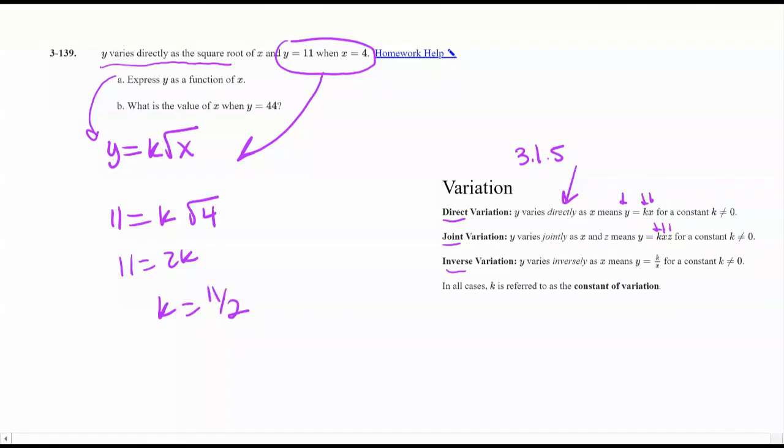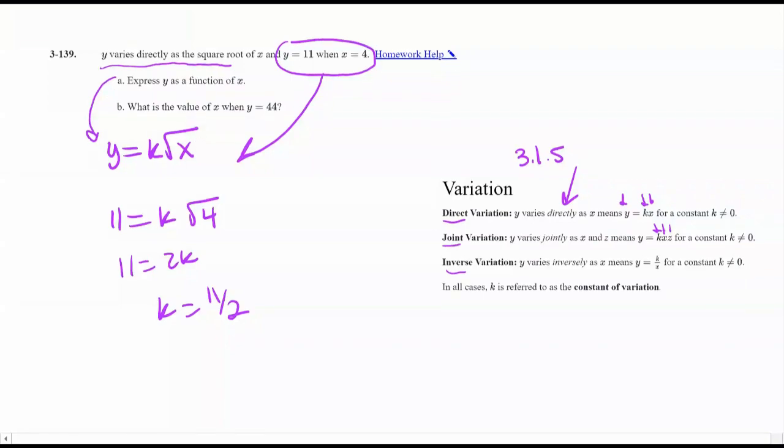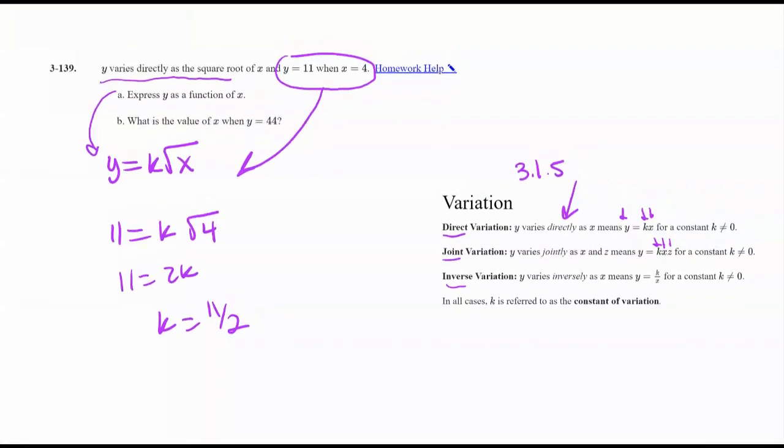So if we're then asked what is the value of x when y is 44, well, then we can rewrite our equation here. y equals, I know my constant of variation is 11 over 2, times the square root of x. And now I just plug in 44 equals 11 halves times the square root of x.